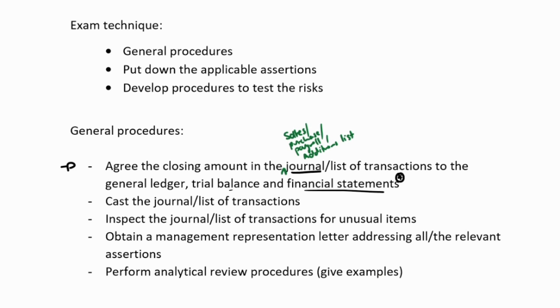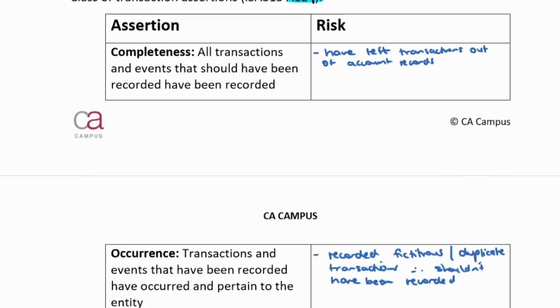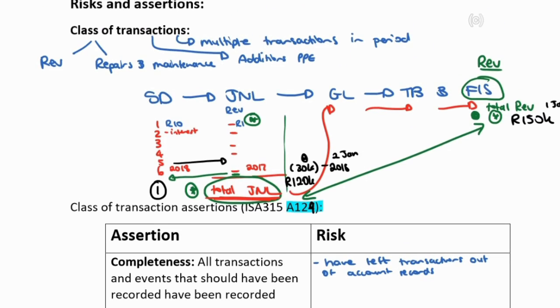Okay. Then, again, before I start selecting my samples, I want to make sure that what I'm selecting from does actually add up. So look here. Once again, I'm going to be selecting samples from this journal, which is going to be made up of lots of transactions. I want to make sure that they haven't just put a random amount here and then made that same random amount in the financials.